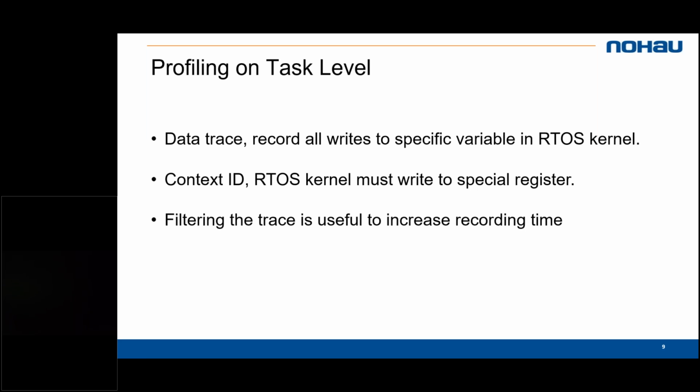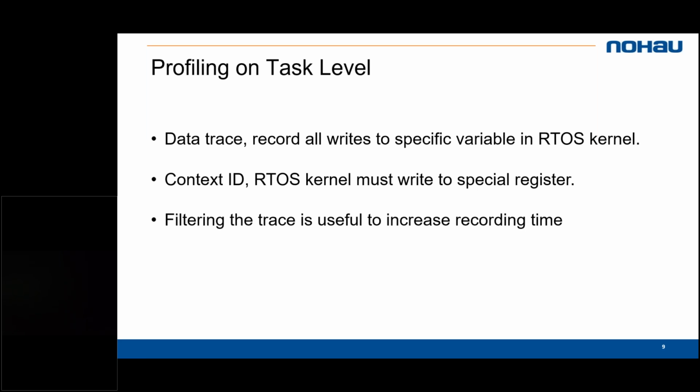And then the second option is to use these specific trace messages called context ID. That's for ARM, but for example, for PowerPC, these are called ownership trace messages, but it's the same concept. That's the alternative if your CPU does not support data trace.